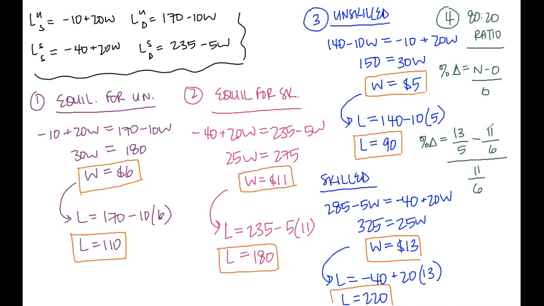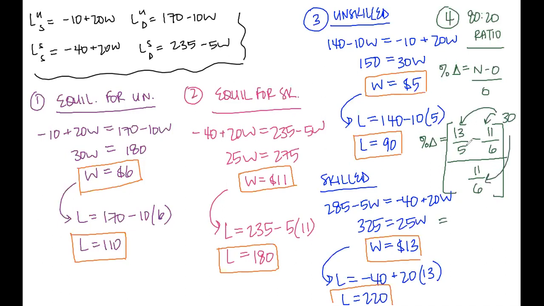So you could easily plug this into a calculator, or you can solve it by hand. By hand, what you could do is multiply the entire thing by the least common denominator, which in this case is 30, because 5 times 6 is 30. I like getting rid of the fractions, so that's why I multiply it all by 30 first before I solve for it. So this becomes 13 times 30 over 5, because you have to distribute this 30 to each term.